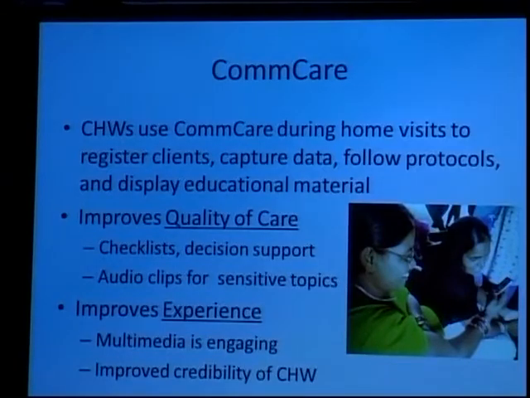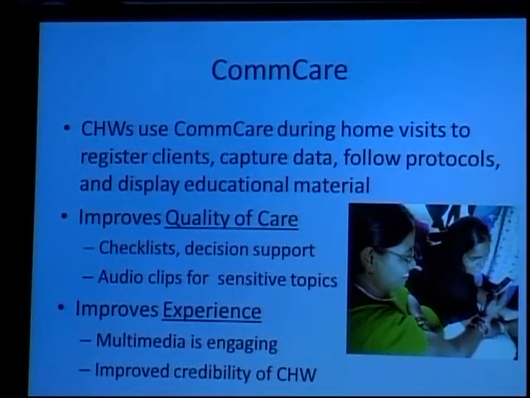And then just to go through briefly what the advantages of CommCare are, hitting those four problems I mentioned before: we improve quality of care. We have checklists and decision support, which builds on the earlier work I showed you. For things like checklists and just remembering to make each point, there is a little bit of forgetting that happens, and a little bit of prodding is effective, maybe a little more than for complicated protocols.